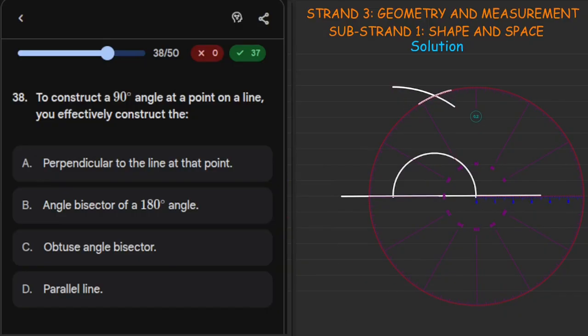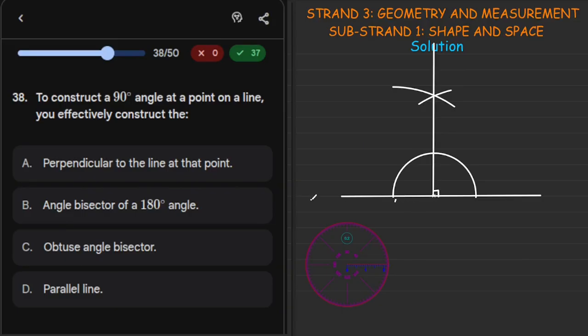Now take note, you now draw a line to meet where you have the center of your circle. So most of the time you take note of it before you even continue. So I'll draw a straight line through this. Now this line here actually meets the other at an angle of 90 degrees.